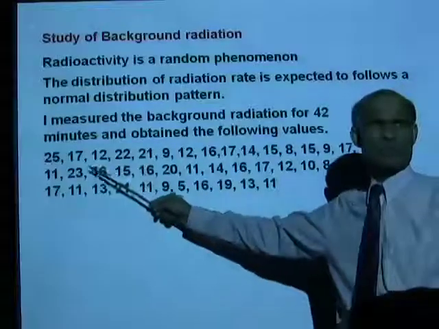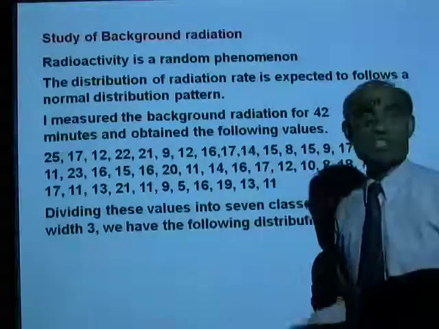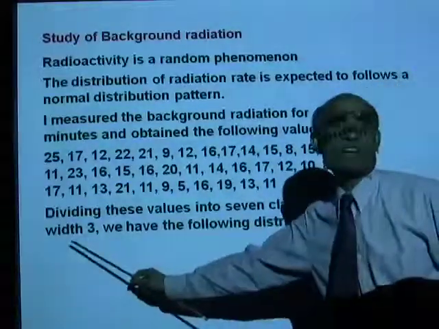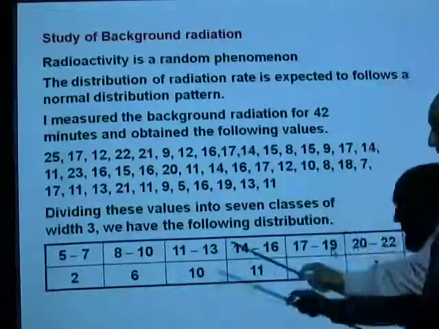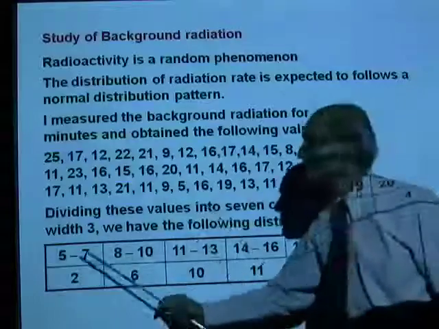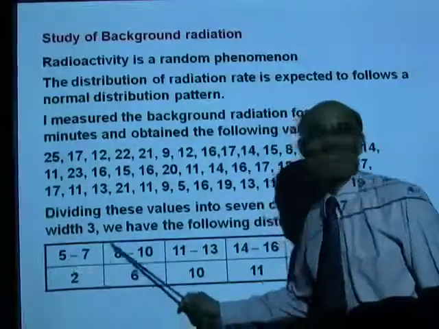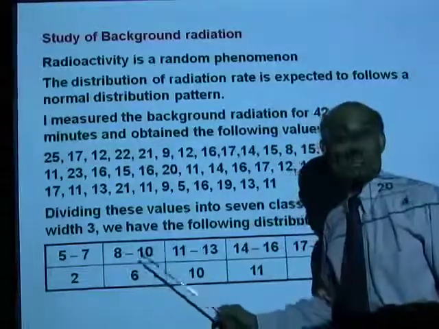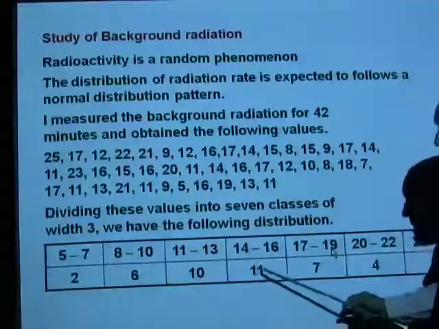I think it is 25, is that right? Okay. Now what I did is, I divided them into 7 classes of class width 3, and I obtained this table. In other words, 5 to 7 radiations occurred twice, 8 to 10 radiations occurred 6 times, 11 to 13 occurred 10 times, and so on.